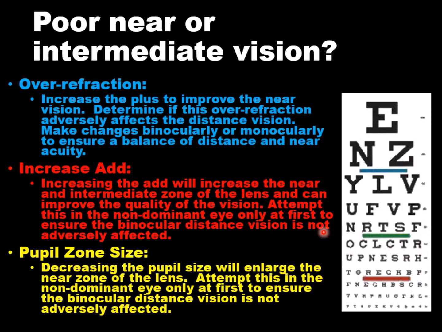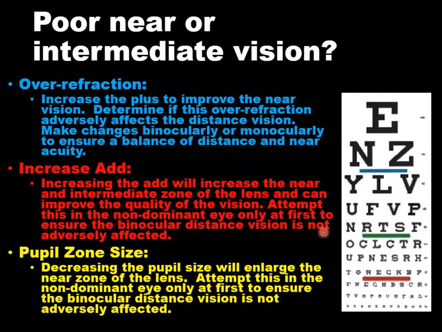Now, assuming the lens is well centered, both in primary gaze and when the patient looks down to read, but we still struggle with intermediate or near vision, then attempt to push the plus. Push it binocularly, determine if you can achieve quality near acuity, then ensure that that doesn't affect the distance. Now, if we need to make changes in one eye only, of course, this is typically going to be done in the non-dominant eye to improve the intermediate or near vision.